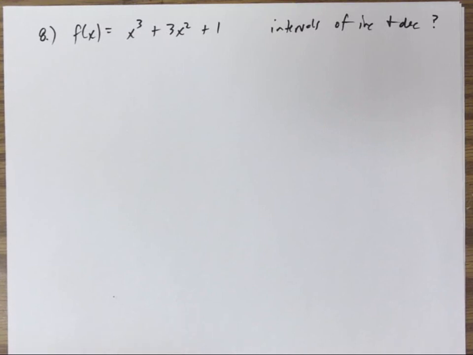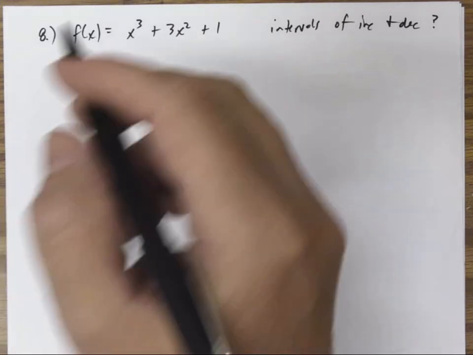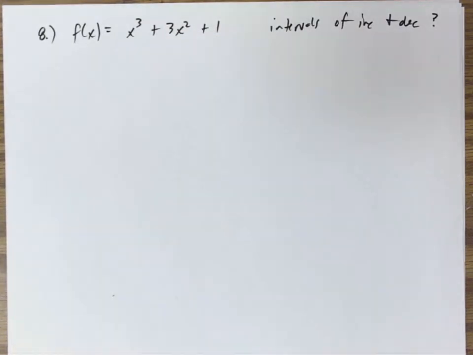Now we don't have a graph, so we can't visualize it. But what we're going to do is look at the same things that we looked at on the graph, and that's where we need to find critical points, because the critical points break this up into regions, and then once we know how many regions there are, we can go into each region one at a time and decide whether that's an increasing or a decreasing region.